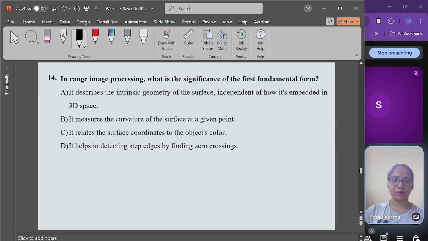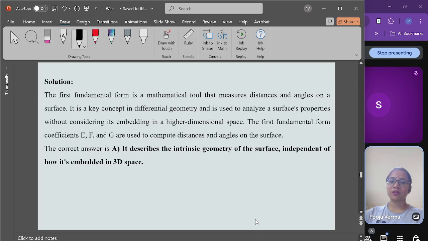So let's see the detailed solution for that one. The fundamental form is a mathematical tool that measures distances and angles on the surface. It is a key concept in differential geometry and is used to analyze the surface properties without considering its embedding in a higher dimensional space.